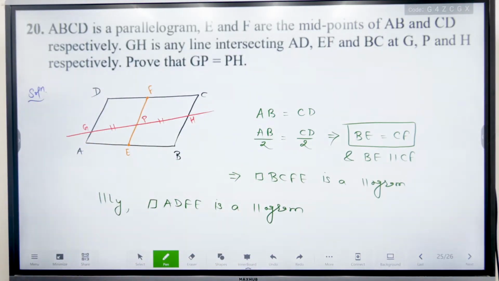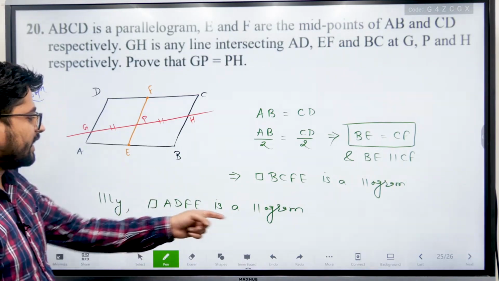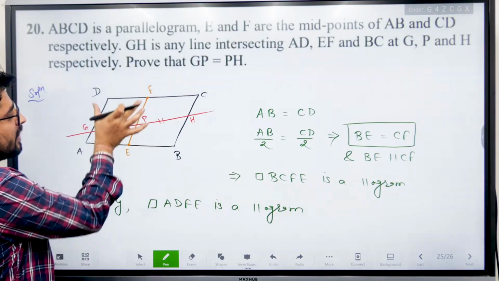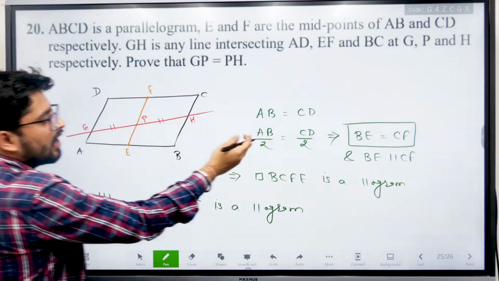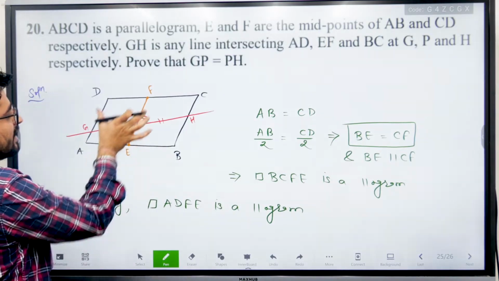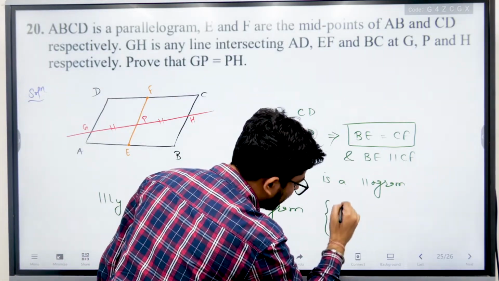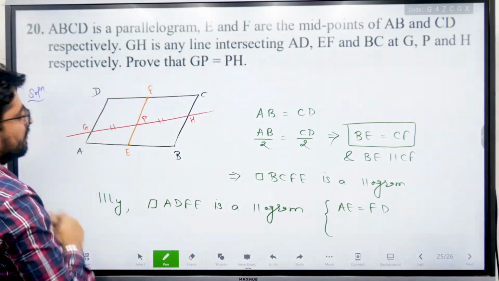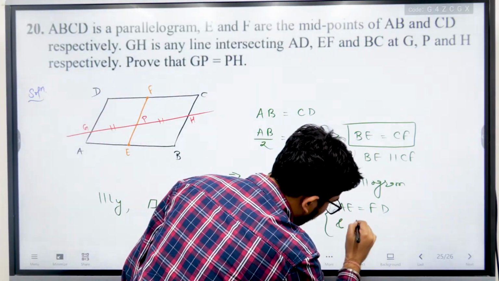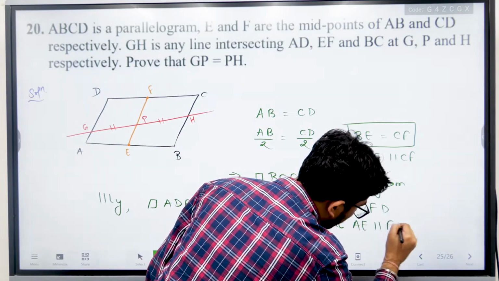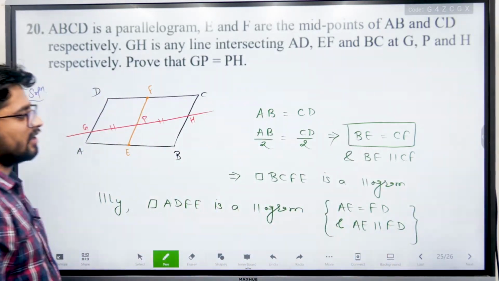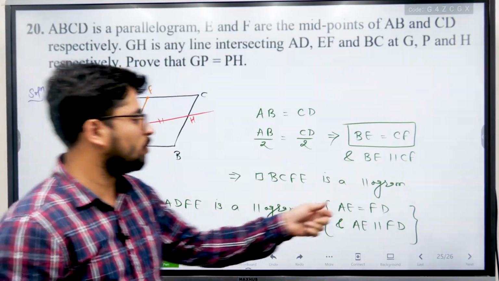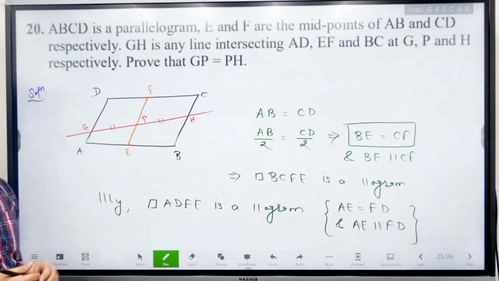Half of AB and half of CD are equal, so AE is equal to FD, and AE is parallel to FD because AB is parallel to CD. This is one pair of opposite sides equal and parallel, so the quadrilateral is a parallelogram.